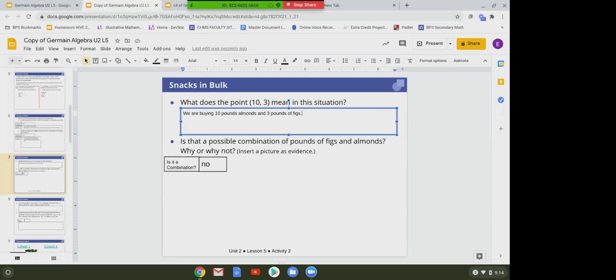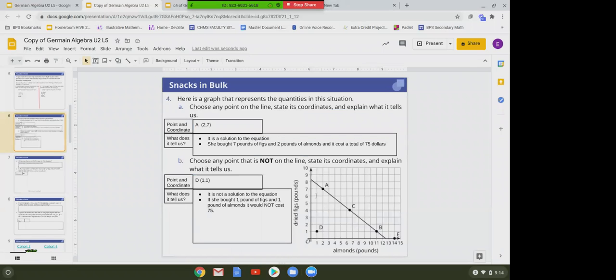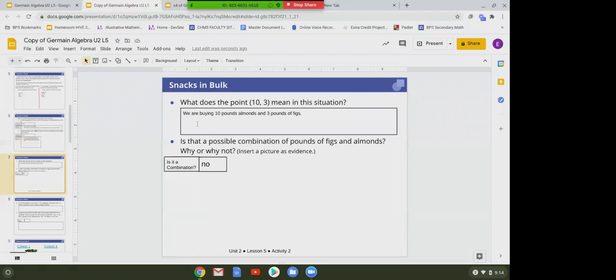No, because if you look at the graph and you go to that point, it's not on the line. Very good. If you go over to 10, up to 3, it's not on the line. Another way that you could have tested it is you could have plugged 10 and 3 into your equation and solved it.